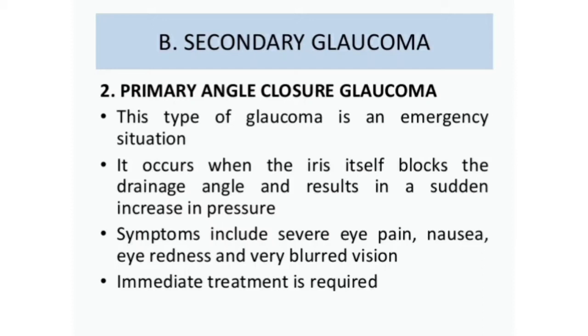In angle closure glaucoma, the iris itself blocks the drainage, because the wide angle which must be there between the iris and the cornea is now closed.